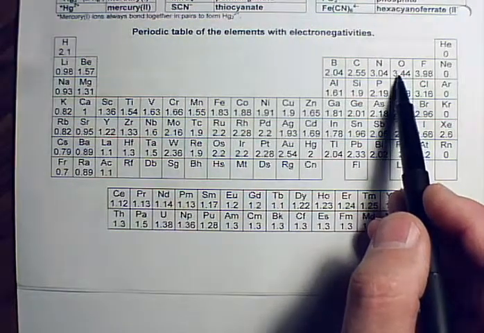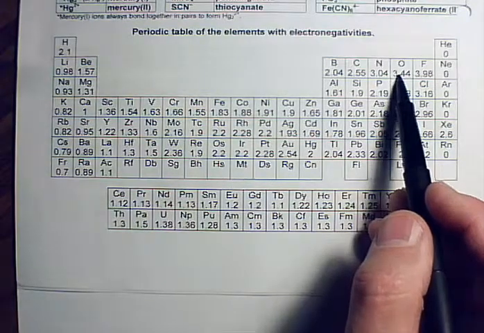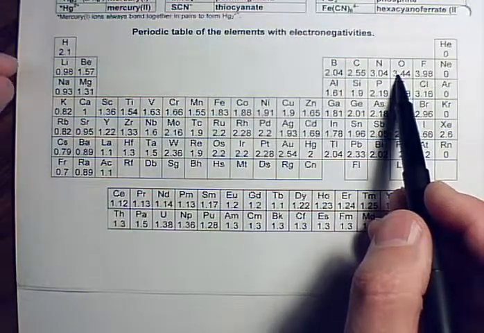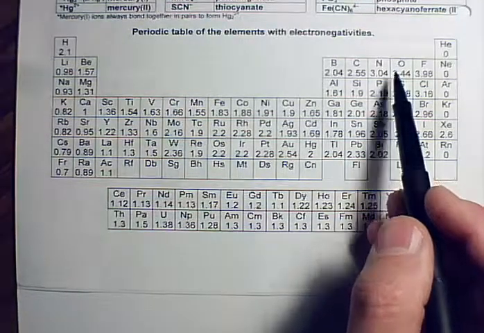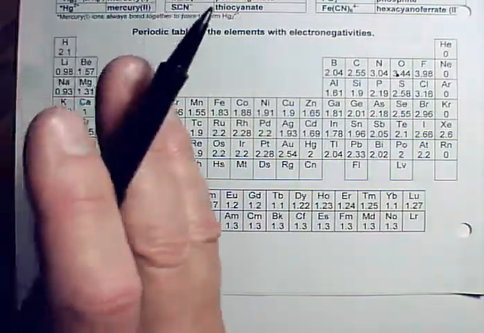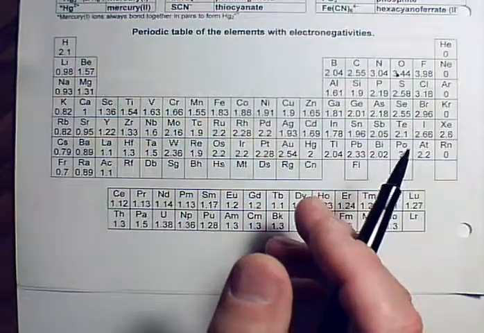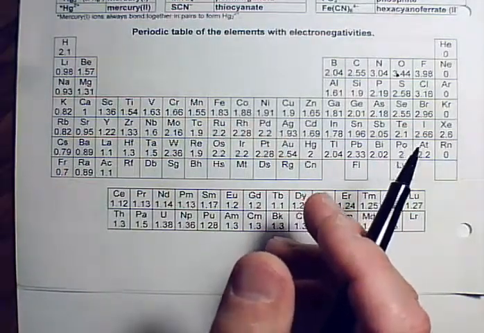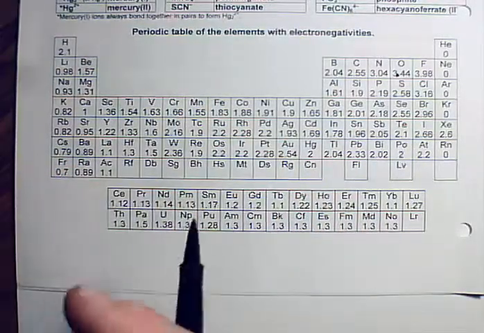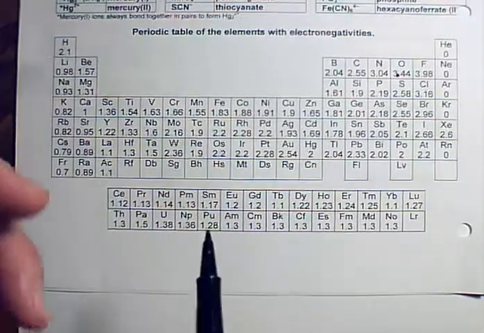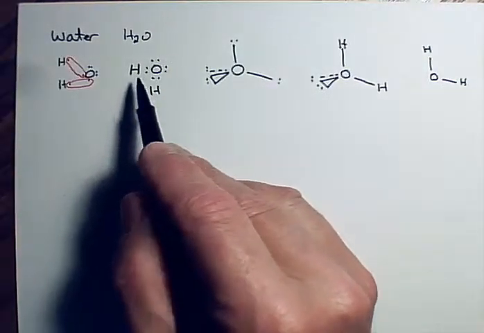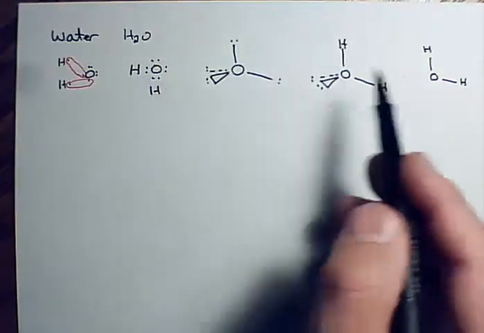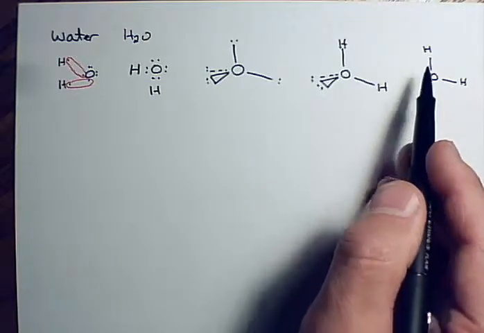Let's remind you from Unit 2 what electronegativity is. It's a relative measure. That is to say, you take different combinations of atoms and you figure out how much those atoms pull on electrons when they share electrons between them. So these are electrons that are shared between two atoms here.